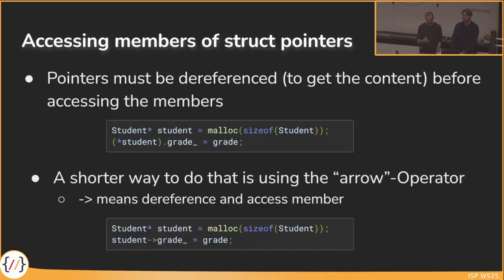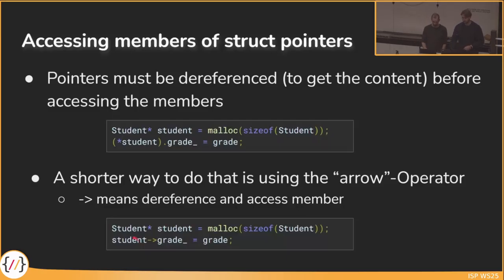The better notation is the so-called arrow operator. This arrow operator does the same as this one here. What it does is dereference student and then access the member of it.